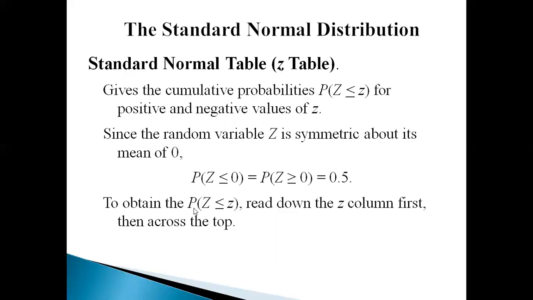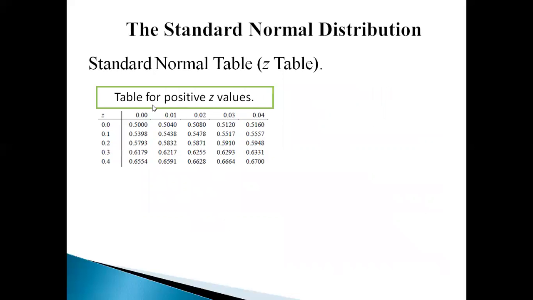And to obtain the probability of capital Z less than or equal to z, we're going to look at our table. First, we're going to read down the z column initially, and then across the top to get the more decimal points. So say it was 0.34.